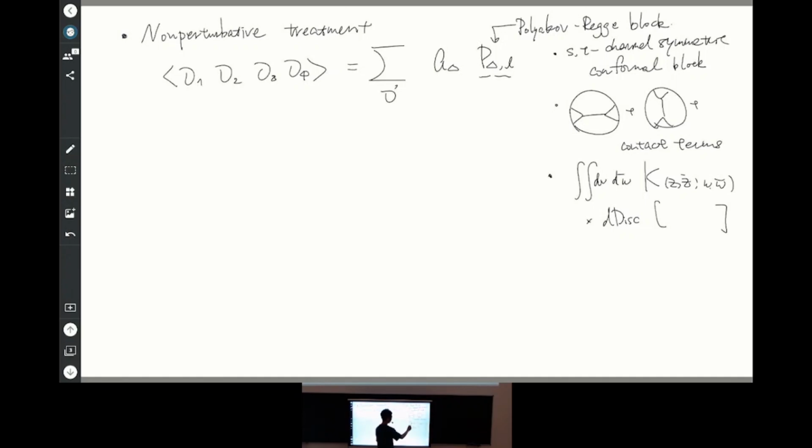But the Polyakov-Regev block basically comes from taking the double discontinuity of the conformal block. So combining the dispersion relation and the usual conformal block expansion, you can establish the existence of this kind of expansion.